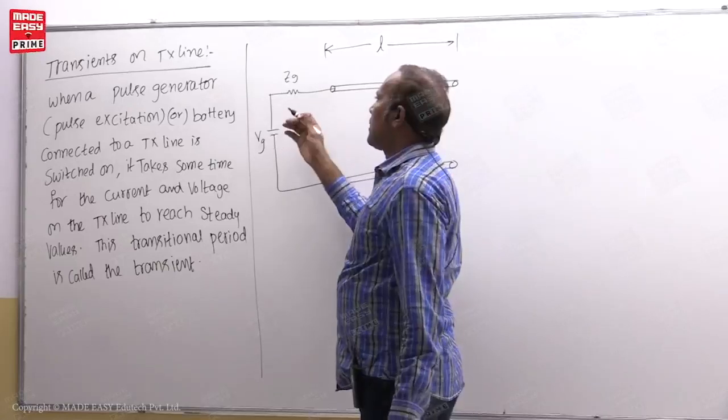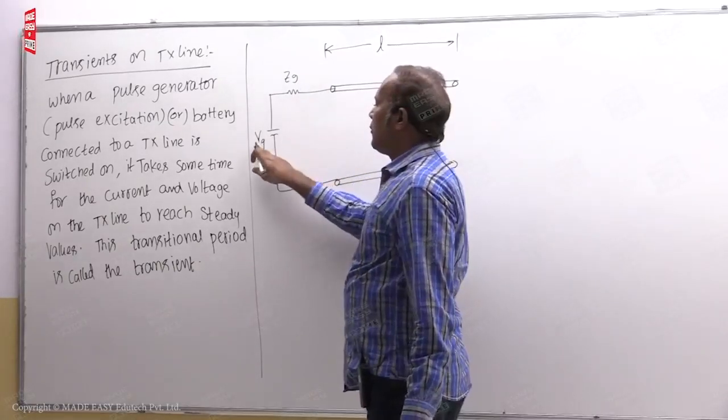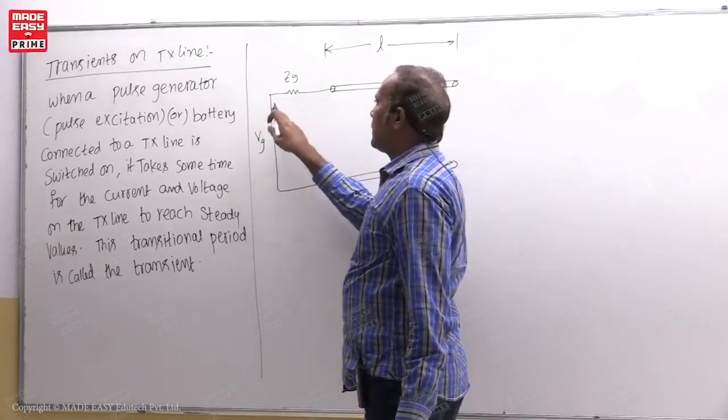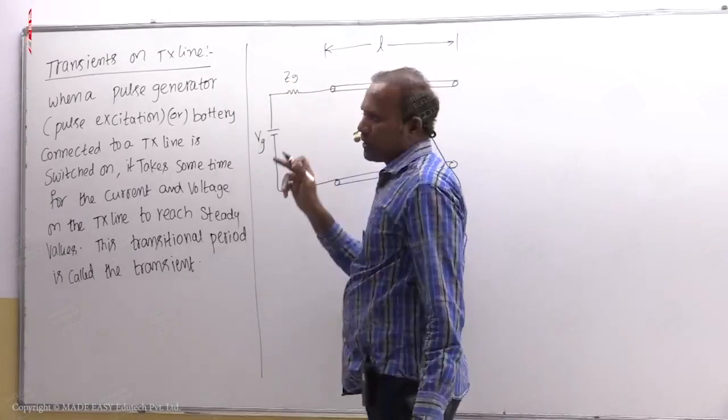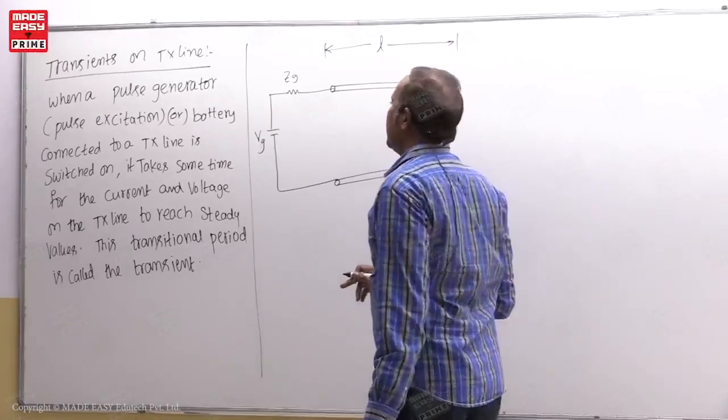Sometimes it is called Zg, or if you call it Vs, then it is Zs, or if it is pure resistance, Rs, also called source resistance.